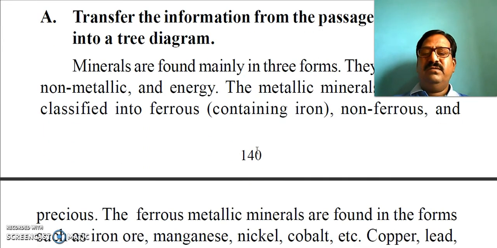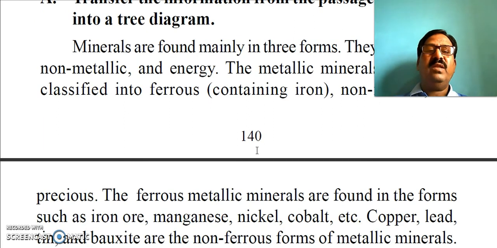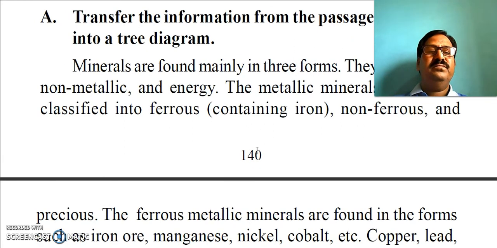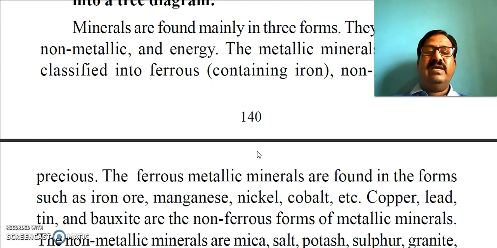In the task, here is an example of a classification. The classification is given in a prose narrative, but you are asked to present the same information in a tree diagram.